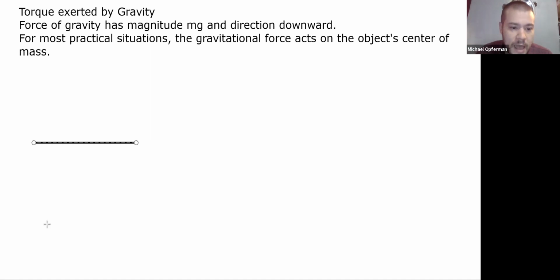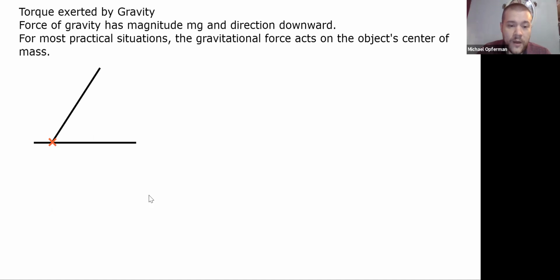So let's study that problem for a second. Okay, so let's say there's the ground, and here is my pen at some angle like this. And I am considering it with an axis of rotation here at the base of the pen. So what are the forces acting on the pen?